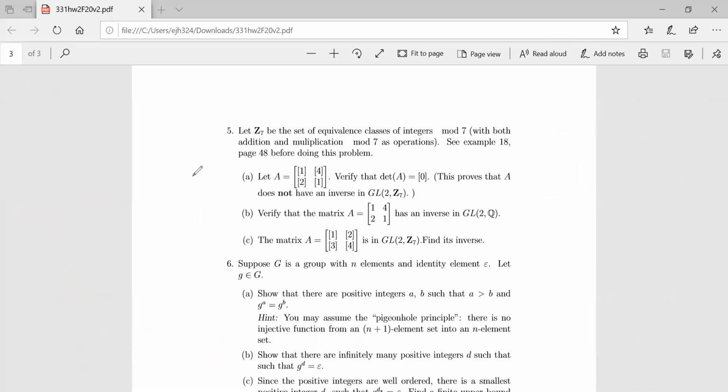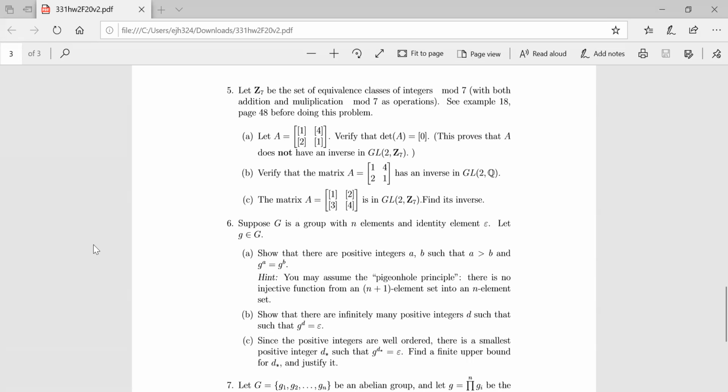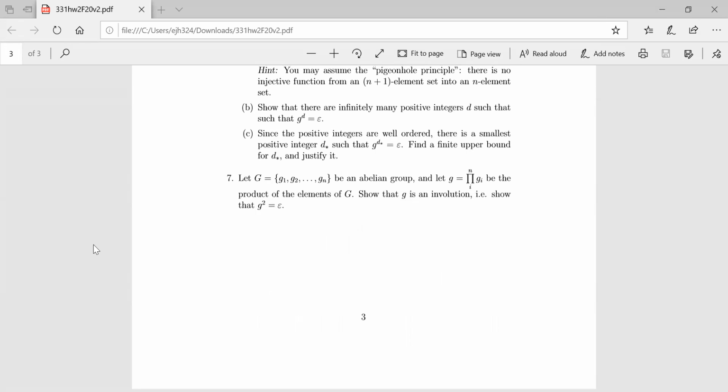Do people have a next question that they want me to go over? Yeah, I just have a general question about the notation. So for problem 7, the product of the elements of the group, I'm not sure if that means multiplying them together under the regular multiplication, or we just apply the group operation to all the elements.